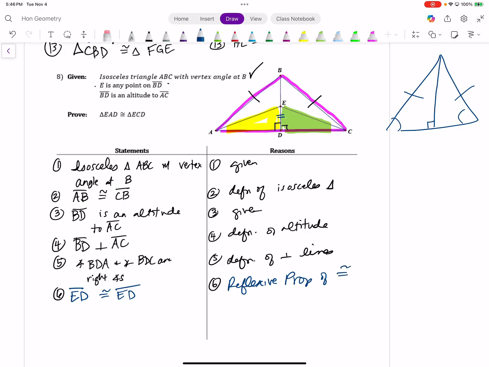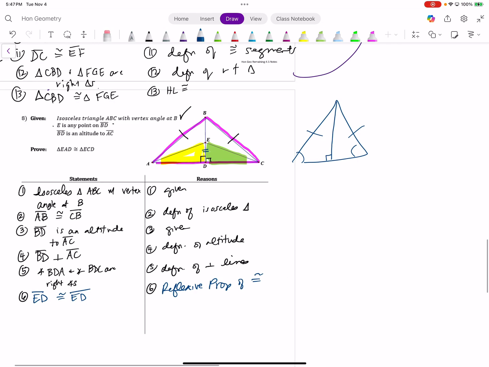All right, so what are we going to do? Oh, wait. I think I see it. I don't want to just focus in on that yellow and green one. I want to focus in on this one and this one, because those two triangles, is that what I want to do?